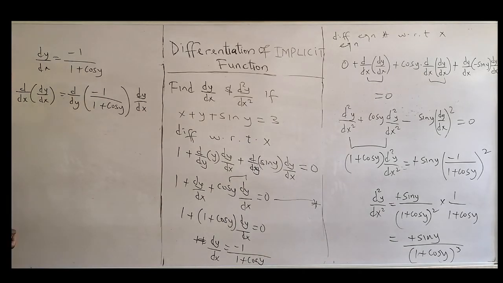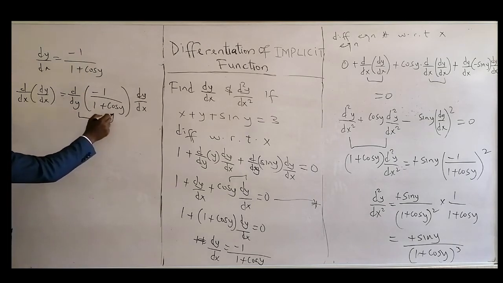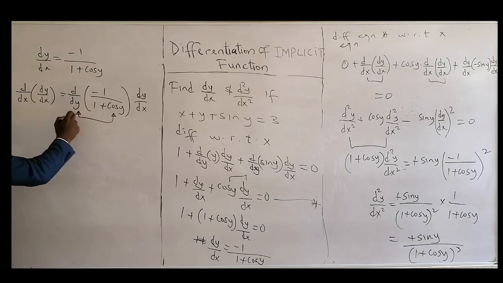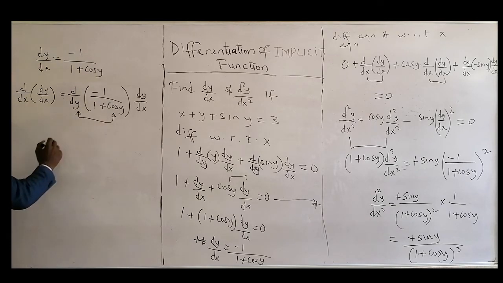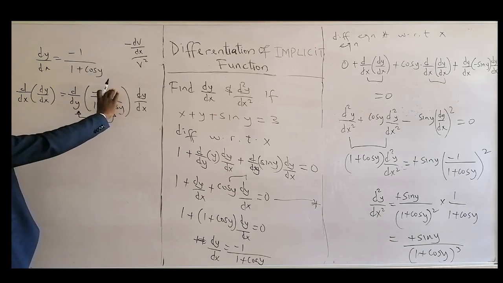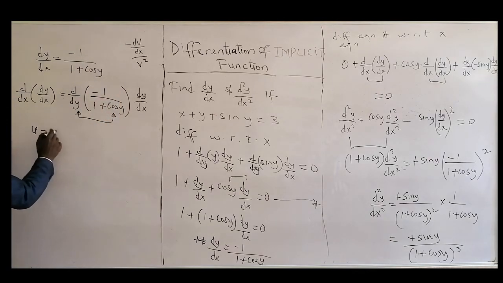Okay, so this is what we have here, which means we can use the quotient rule to differentiate this one with respect to y, which will be equal to what? Don't forget, I want to use the quotient rule. My u is minus 1, then du/dy is 0.